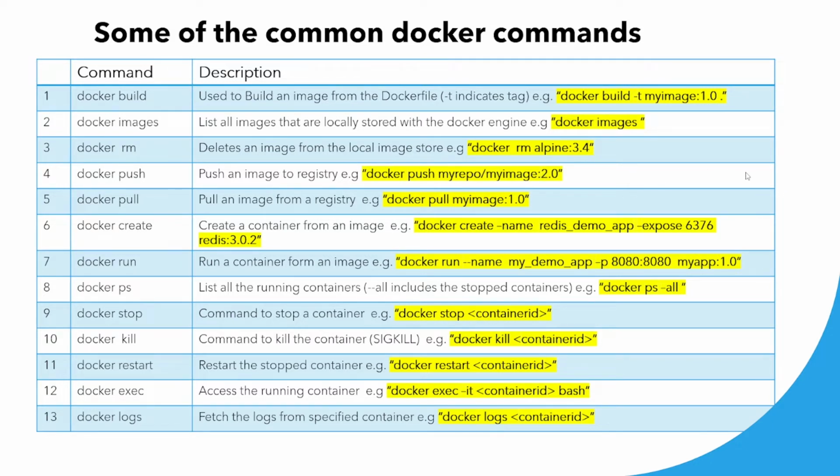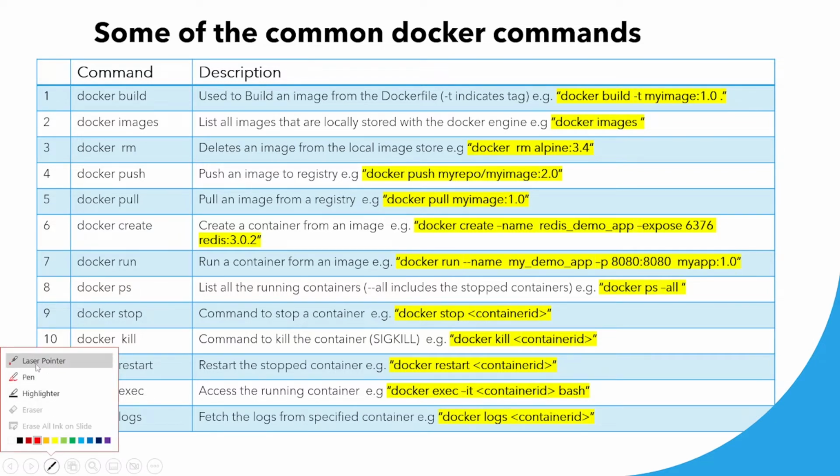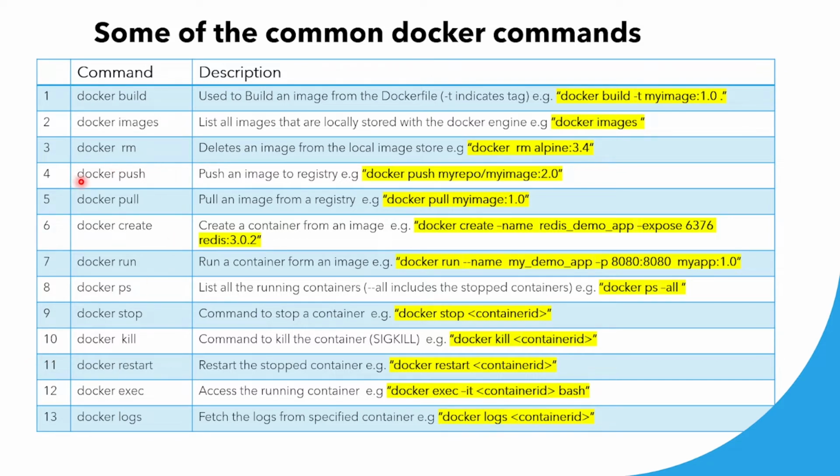This deletes an image from the local image store. The example command is docker rm alpine:3.4. So it says that the alpine 3.4 version image will be removed.